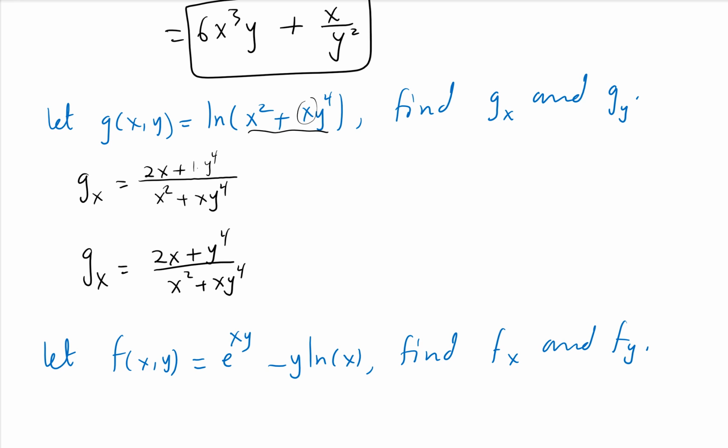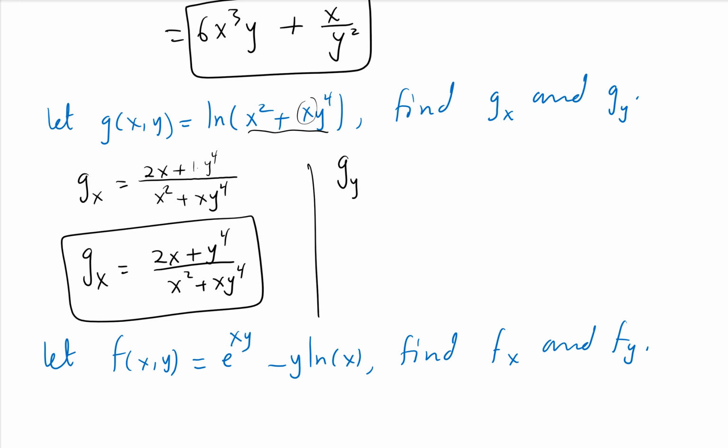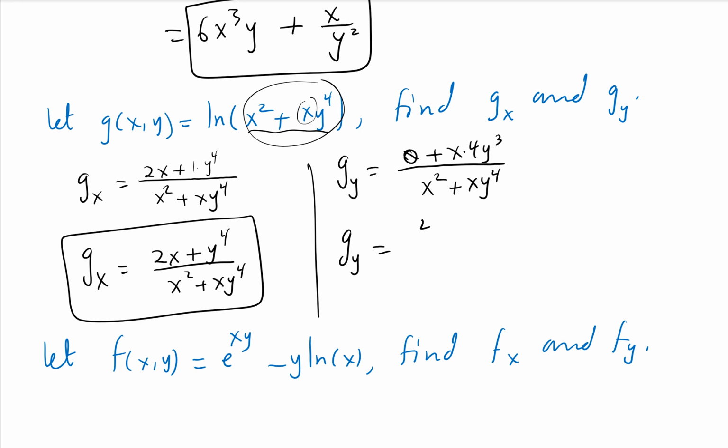Nothing can be simplified here. For the g_y, it is the derivative of this, which is the derivative of x squared is 0. Keep the x the same, that's 4y cubed over x squared plus xy to the fourth. g_y equals 4xy cubed over x squared plus xy to the fourth.